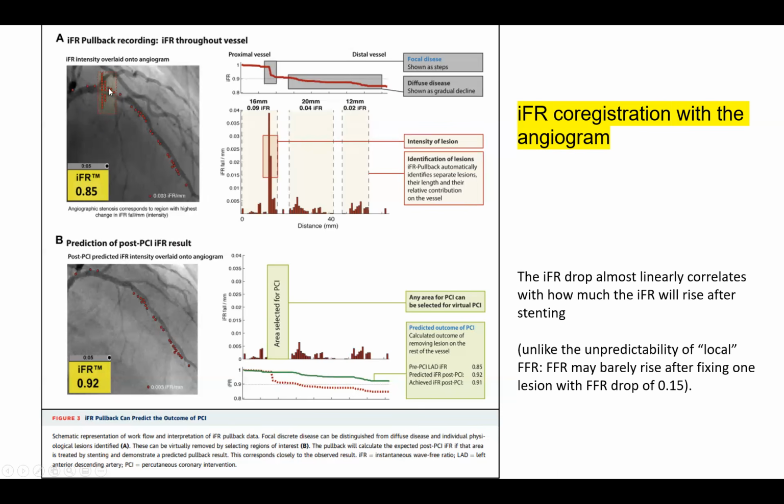You cannot use the FFR drop, let's say you drop FFR by 0.10 across a lesion. It doesn't mean the distal FFR is going to rise by 0.10 after you fix that proximal lesion. It may not rise at all. It's very unpredictable. So use IFR. It's been shown to correlate almost linearly with how much the true FFR will be after stenting the other lesion.